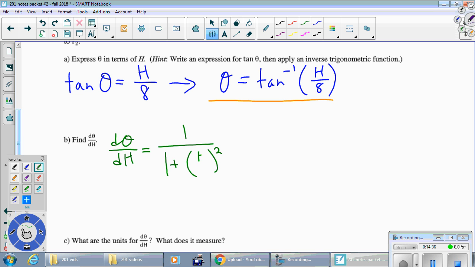In this case, the stuff is h over 8. And then times the derivative of the stuff. The derivative of h over 8 does not require the quotient rule, although you will eventually get the right answer if you use the quotient rule. I'd rather think of h over 8 as being 1/8 of h. And the derivative of 1/8 of h is just 1/8. Okay, so there's my derivative.